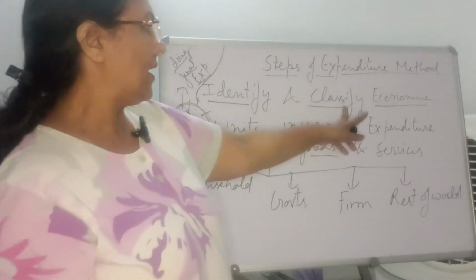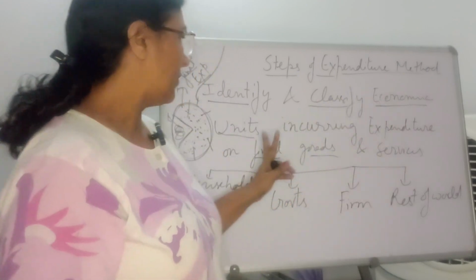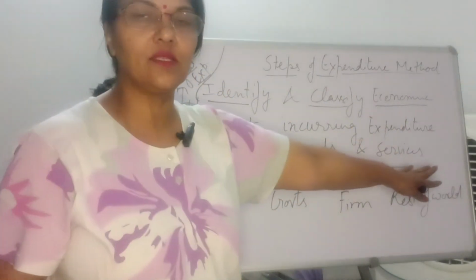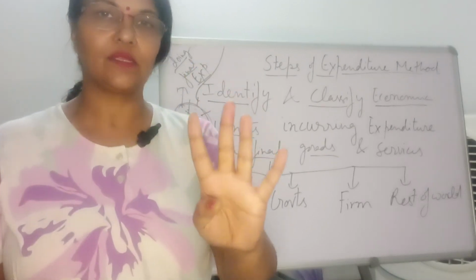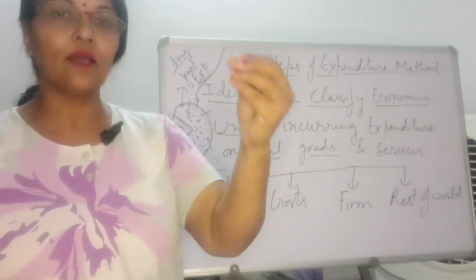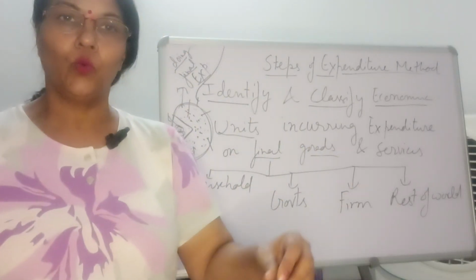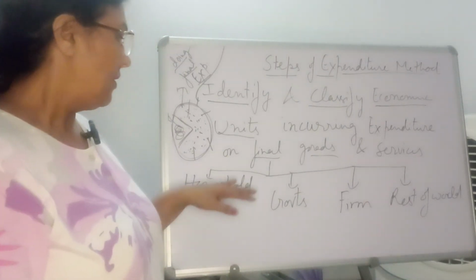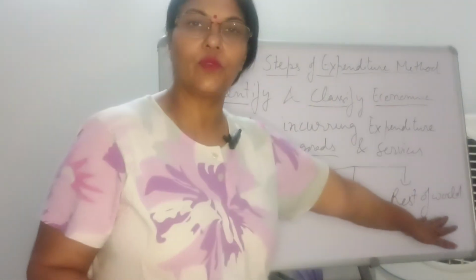The next step, we have to classify the economic units incurring the expenditure on final goods and services into 4 heads, right? Who are the 4 groups of people who do the expenditure on final goods, that is household sector, government, firm and rest of the world.